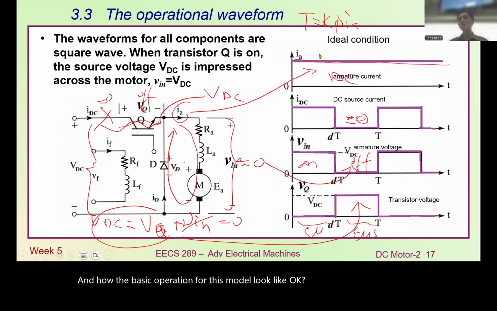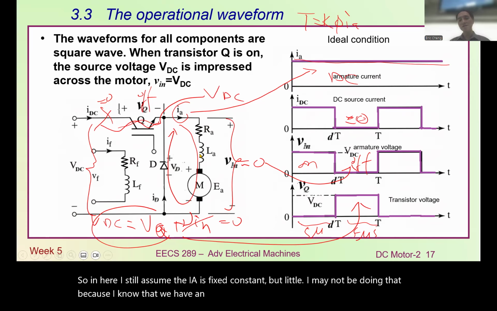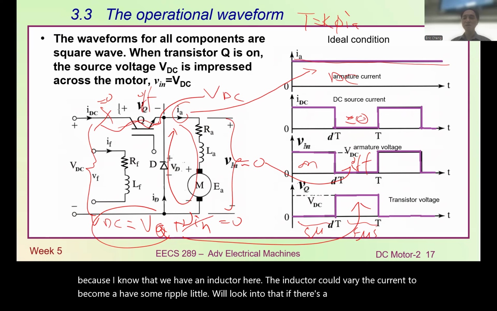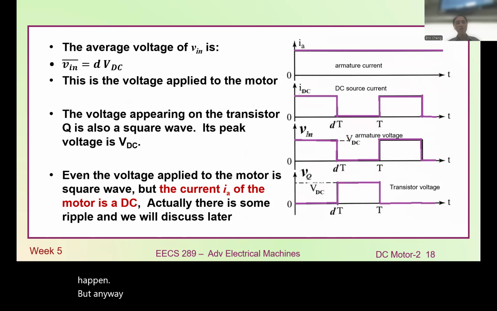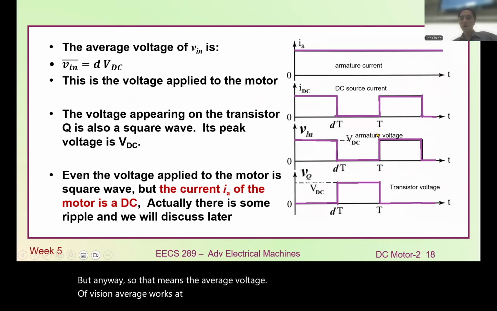In here, I still assume that IA is fixed and constant, but later on I may not, because we have an inductor here. The inductor could make the current have some ripple. Later on, we'll look into what will happen if there's a ripple. But anyway, that means the average voltage to the armature.